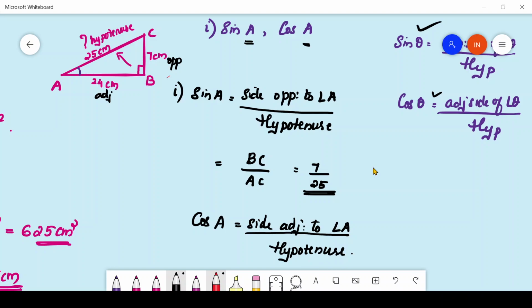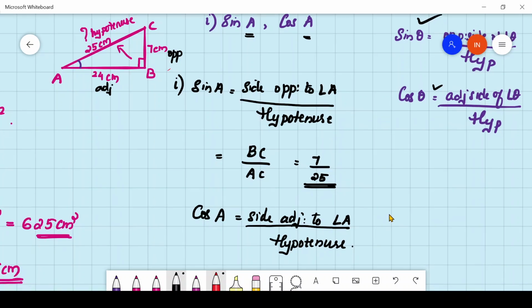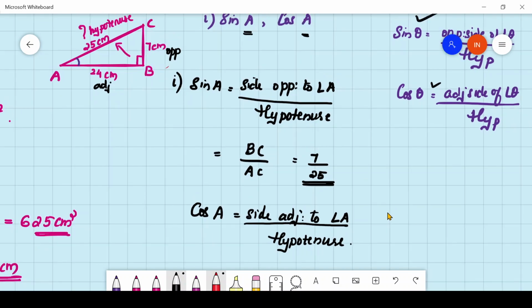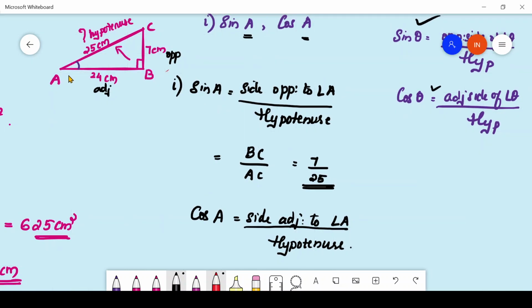So which is the side adjacent to angle A? This is what we have to find out next. That is already marked in the figure, that is AB, right? AB by the hypotenuse AC. So AB is equal to 24 divided by 25. So this is the cos A of this triangle. Is it clear? Yes, very good.